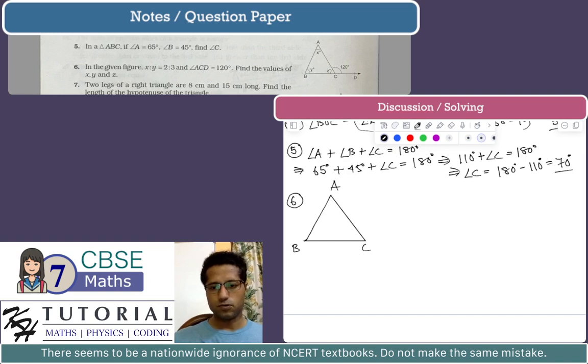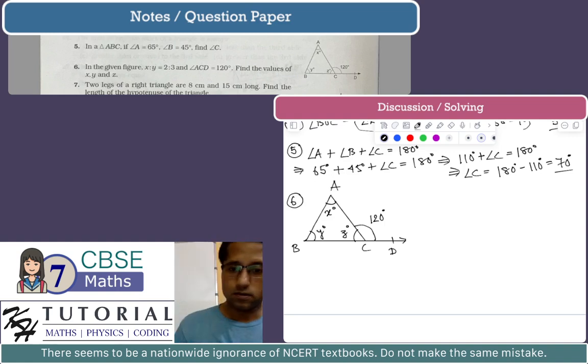Side BC is produced to D, point D, and angle A is given as x degrees, angle B is given as y degrees, angle C is given as z degrees, and also angle ACD is given to be 120 degrees.